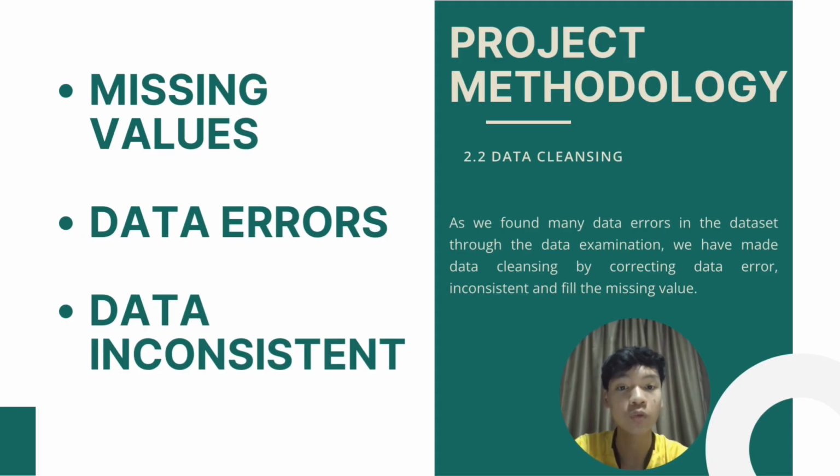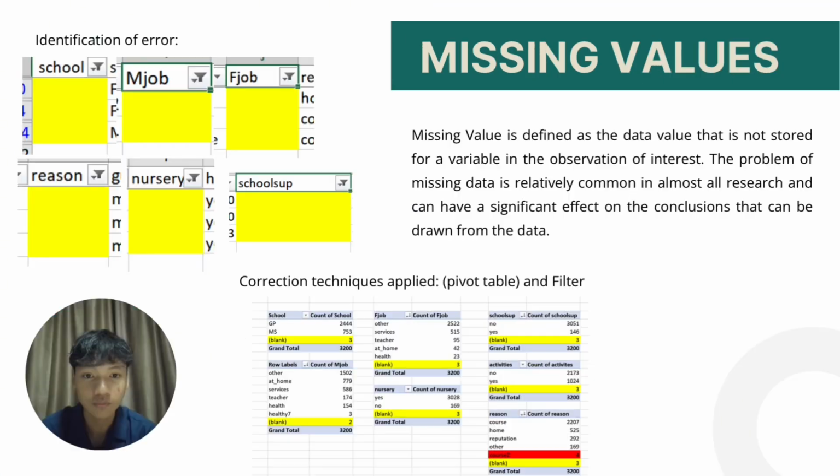Next, 2.2 Data cleansing. As we found many data errors in the dataset through the data examination, we have done data cleansing by correcting the data errors and inconsistencies and filling the missing values. So, the first one is missing value. A missing value is defined as a data value that is not stored for a variable in the observation of interest.